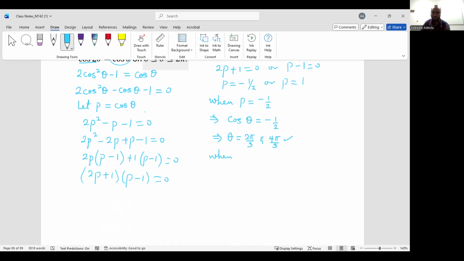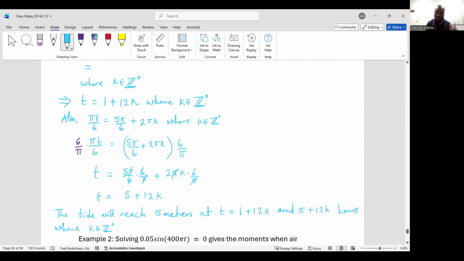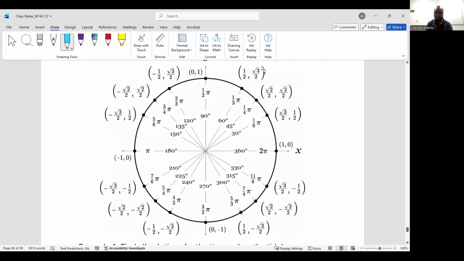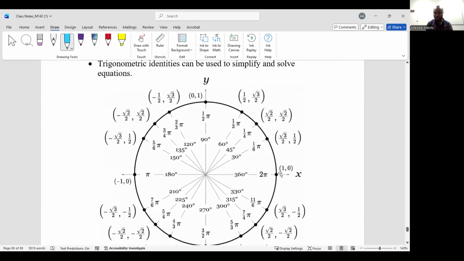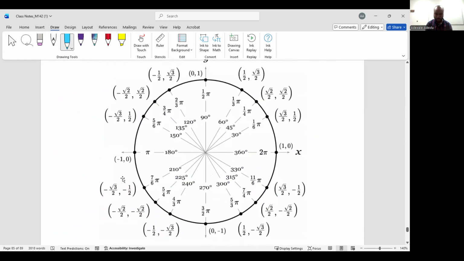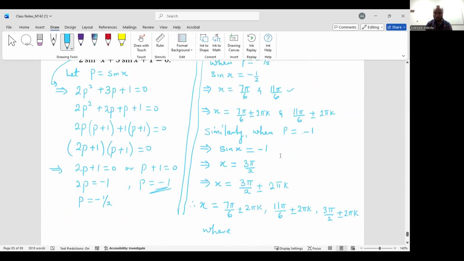Also, when P equals 1, it implies that cosine of theta is 1. We are asking, what is that angle such that cosine of that angle is 1? Again, if you don't know it offhand, we return here. When is x 1? x is 1 when it is 0. It's negative 1 there. And again, when it is 2 pi. So at 0 and at 2 pi.